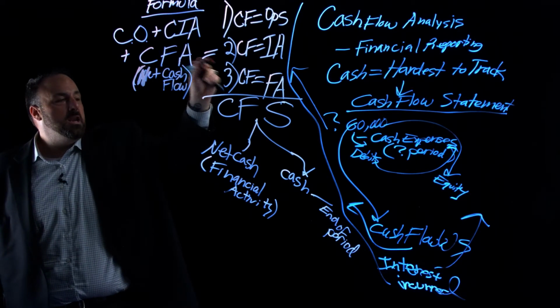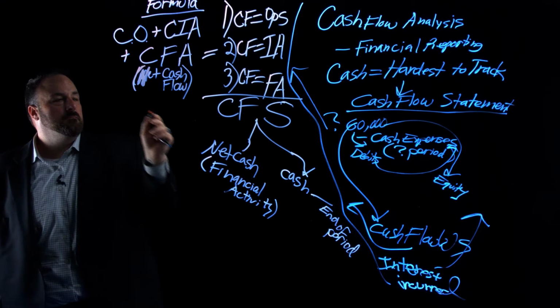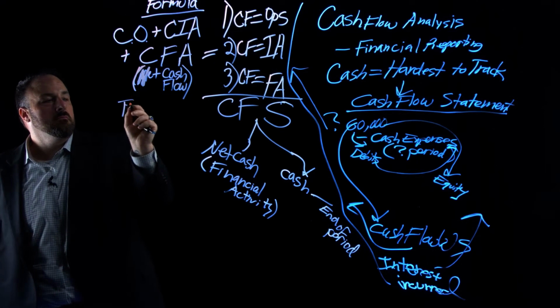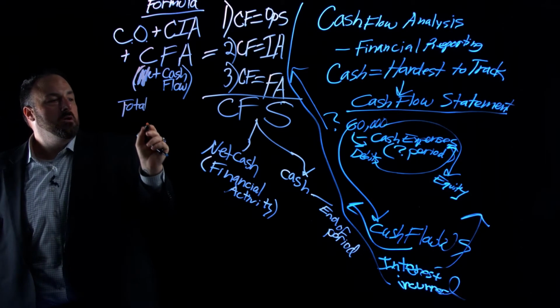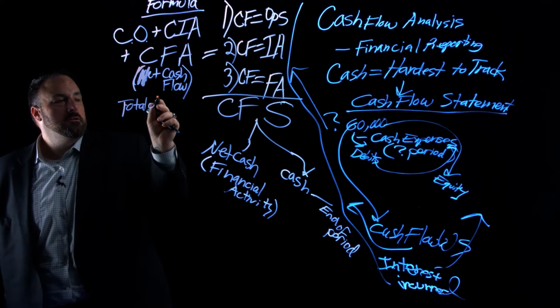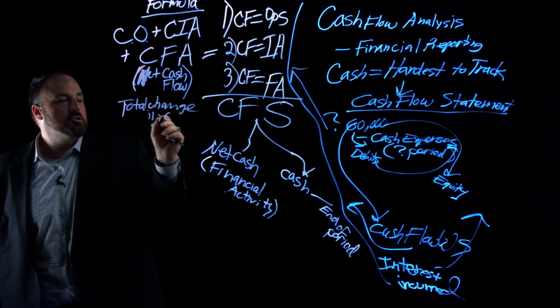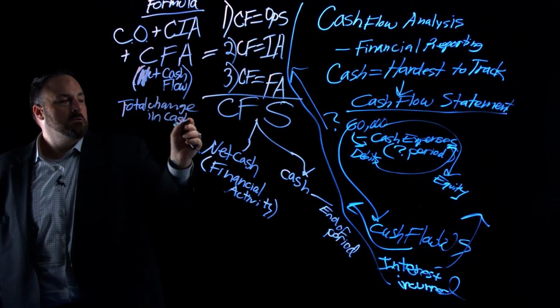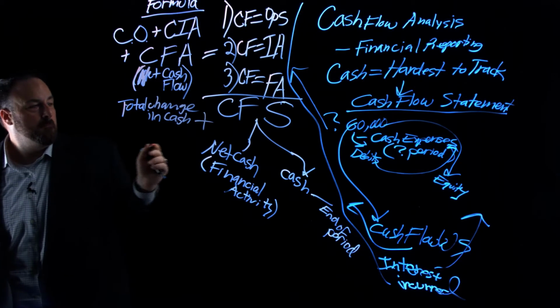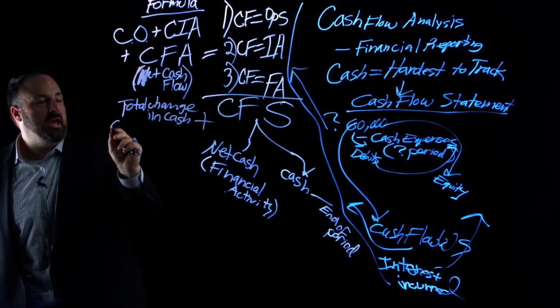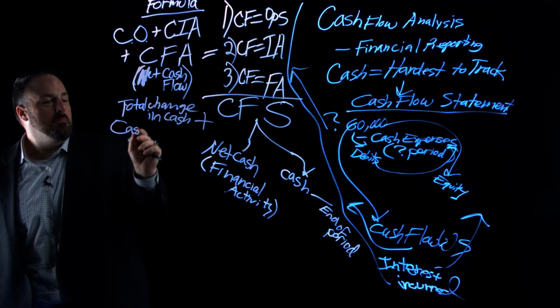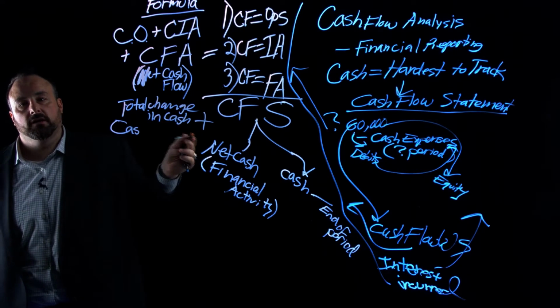That number must equal the following: the total change in cash plus a number called cash, and mind you, this is all broken down for you on the cash flow statement.